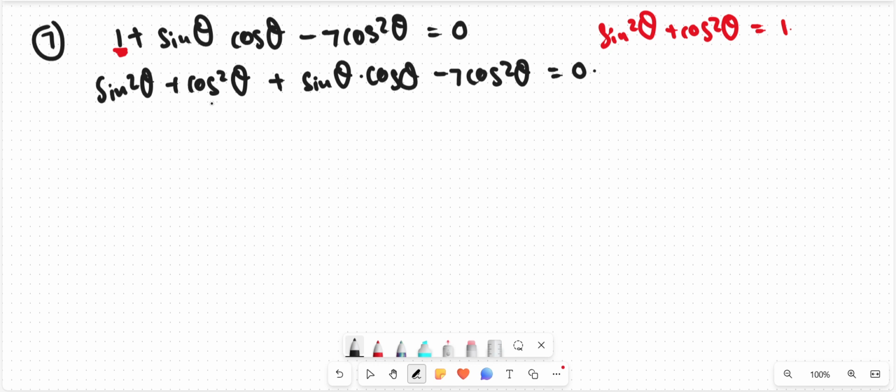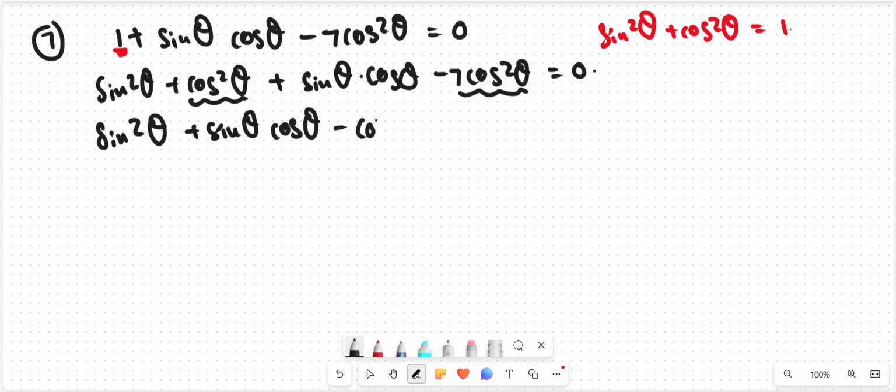So you should notice that I substituted the 1 with my identity. Then what I'm noticing is that this cos squared theta and that cos squared theta are like terms, so that ends up giving me sine squared theta plus sine theta cos theta, and this minus that will just give me a negative 6 cos squared theta, and this is all equal to 0.